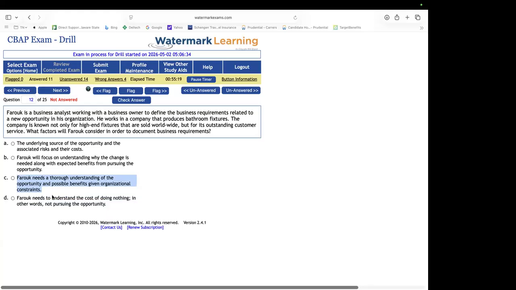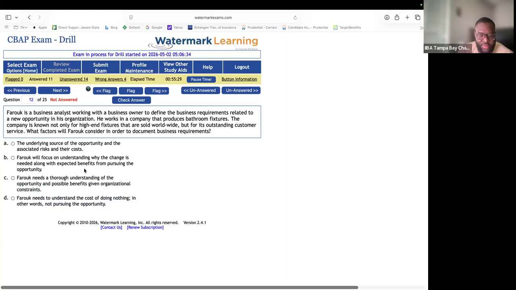I'm actually divided between C and D. I will eliminate A and B. I think I would go with not eliminating. I'm talking about the answer. I think I'm leaning more towards C. Okay, can you elaborate a little bit?